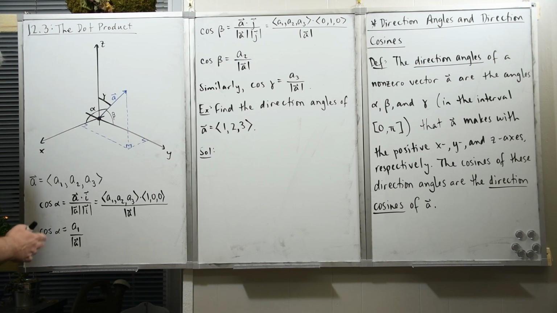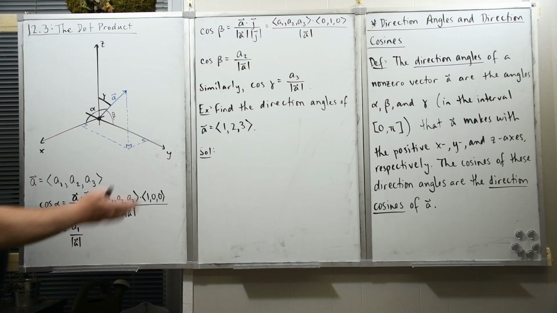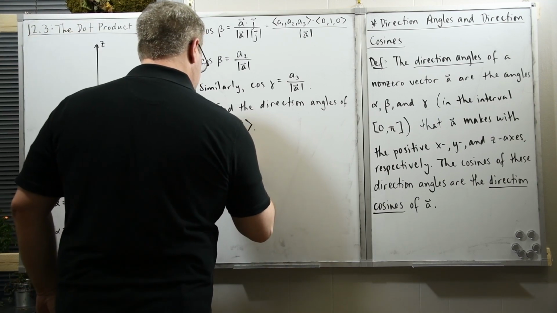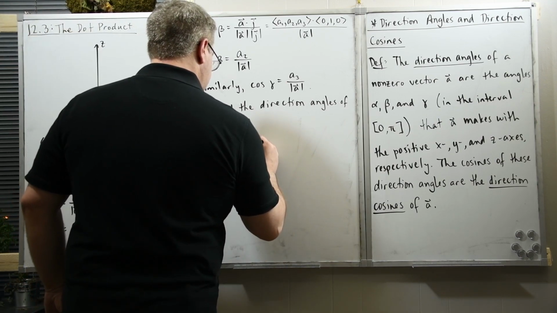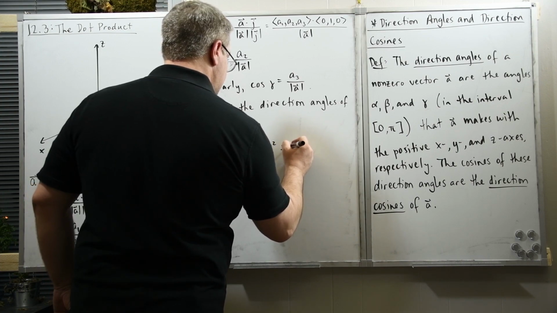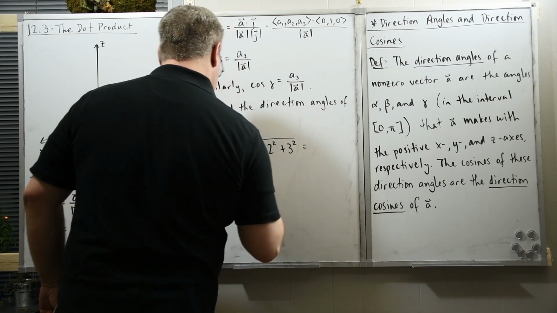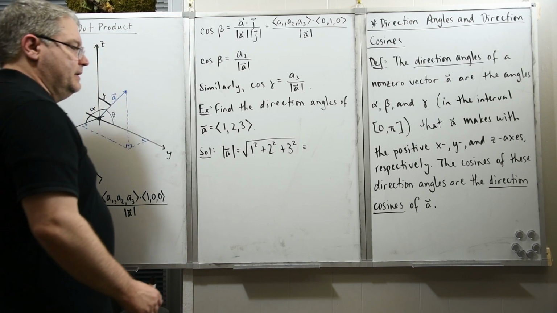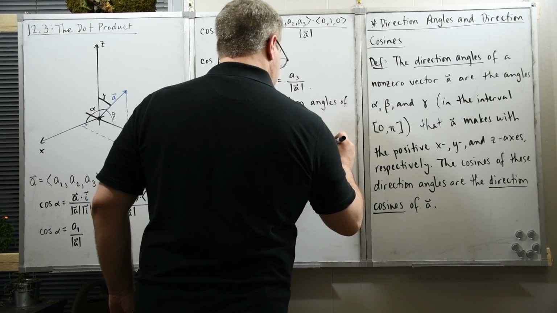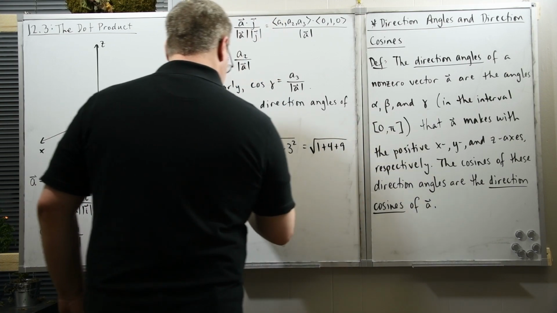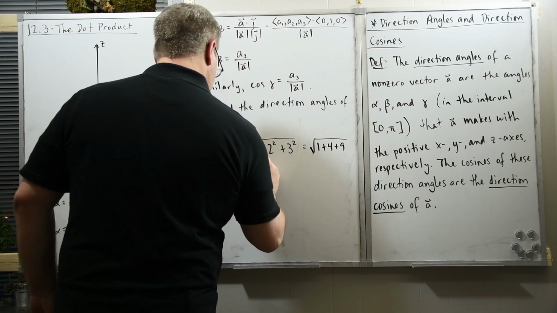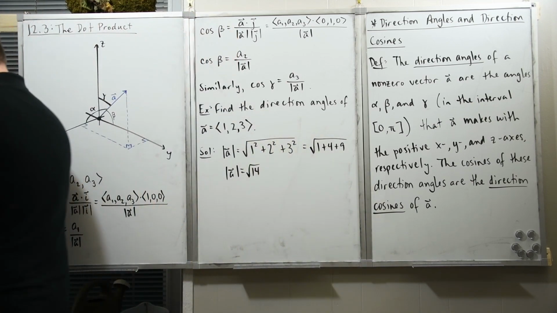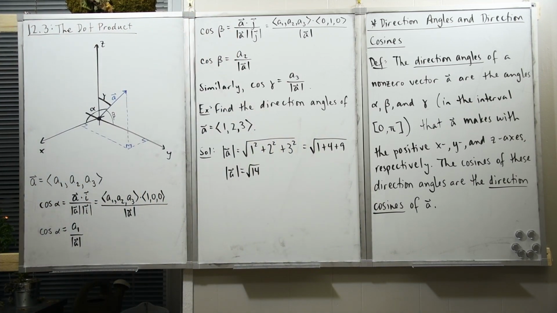It just depends on which of the 3 components you have in the numerator. Denominator has magnitude of A. So we need to figure out the magnitude of A here. It'll be the square root of 1 squared plus 2 squared plus 3 squared. But that gives you the square root of 1 plus 4 plus 9. Which means that the magnitude of A is the square root of 14.